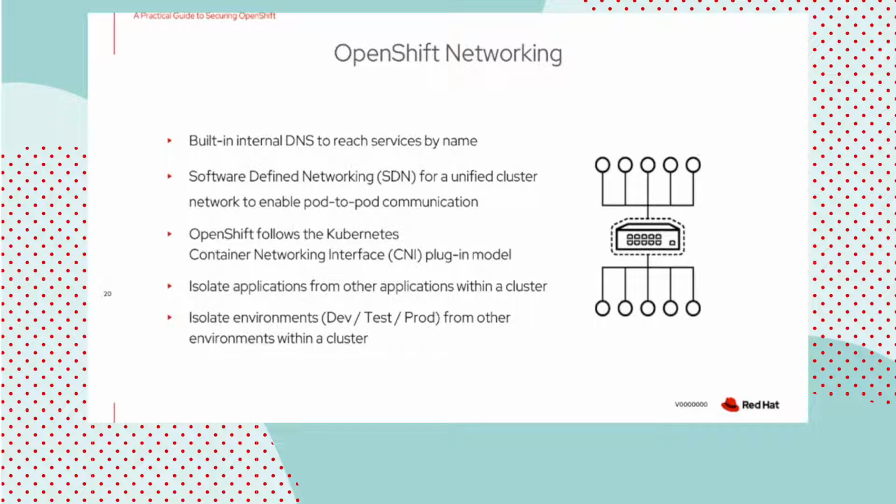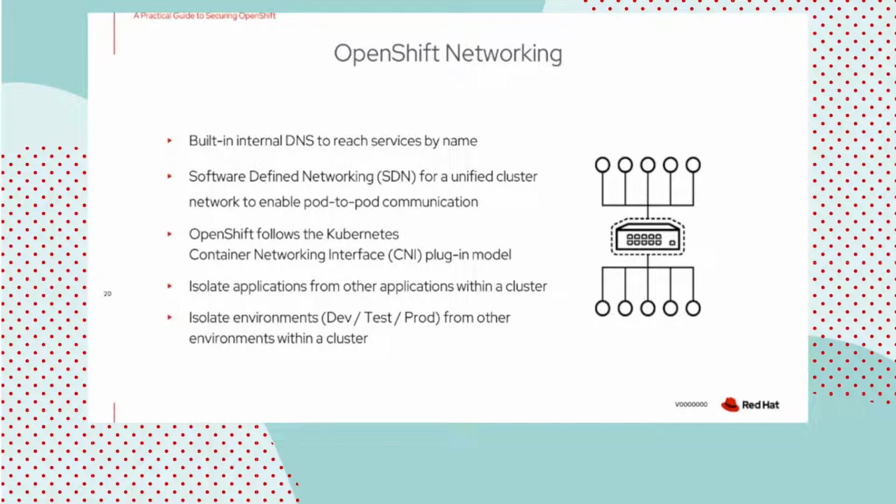Because ultimately, you're not going to have one user with one team with one application running as a monolith on OpenShift. You're going to have multiple teams and multiple users, each deploying their own set of microservices in a very distributed fashion. All these microservices run as pods that need to communicate with each other, and they need a secure networking layer so that they can communicate with confidence.